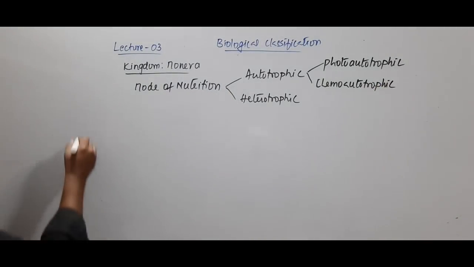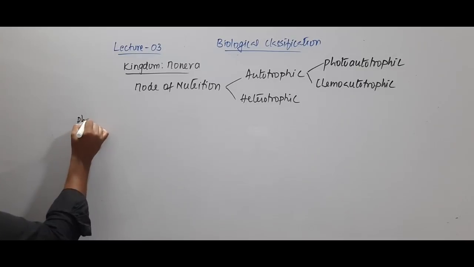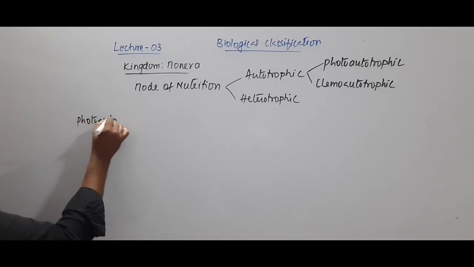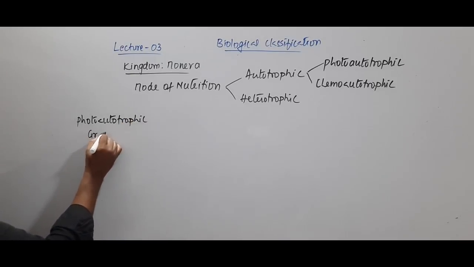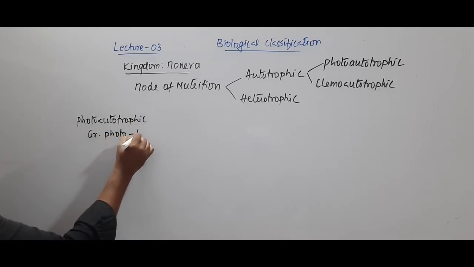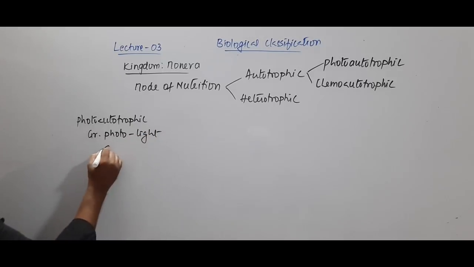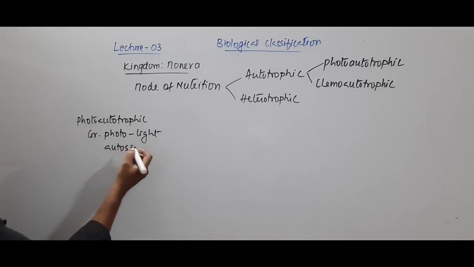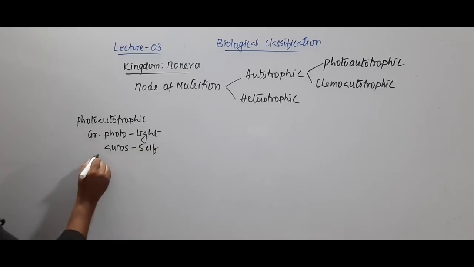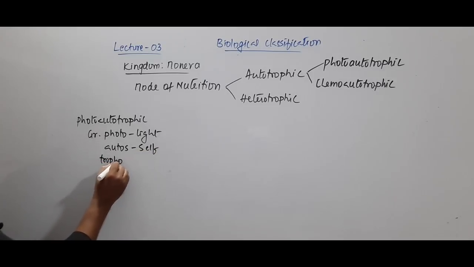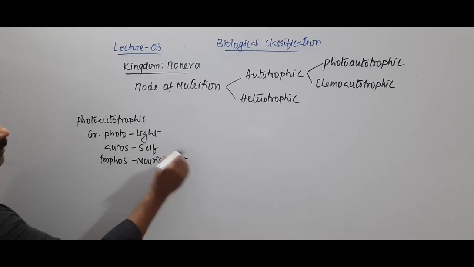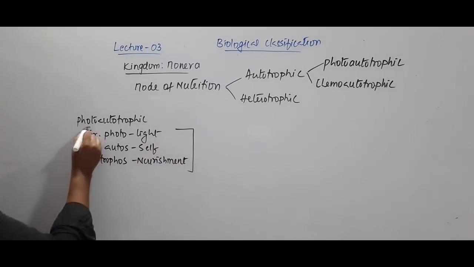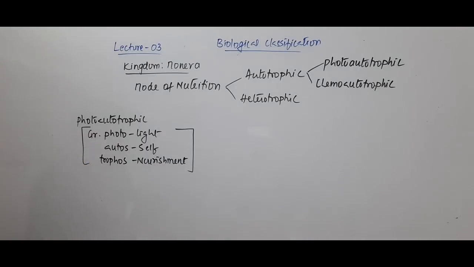Photoautotrophic, from the Greek, photo means light, autos means self, and trophos means nourishment. So this is self nourishment but using light as the source of energy.